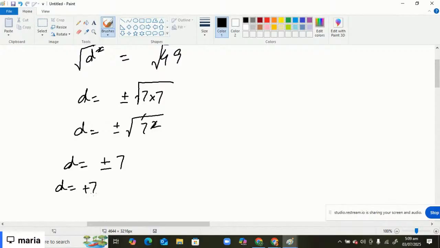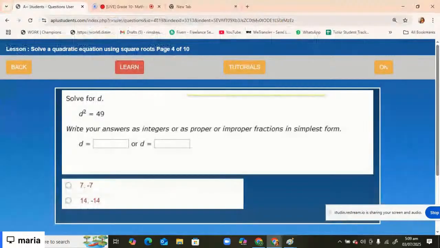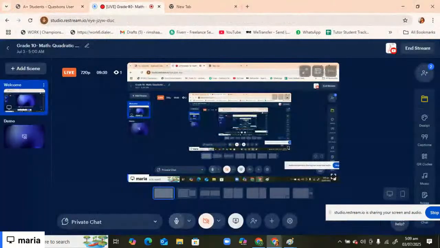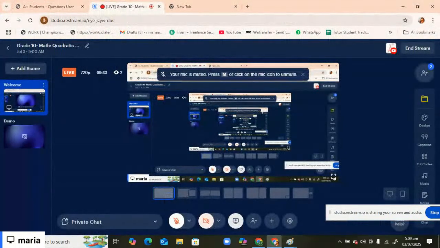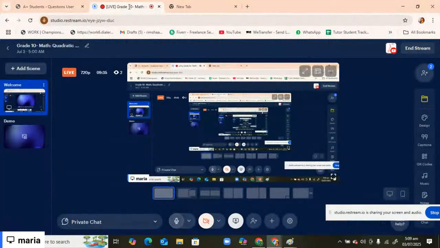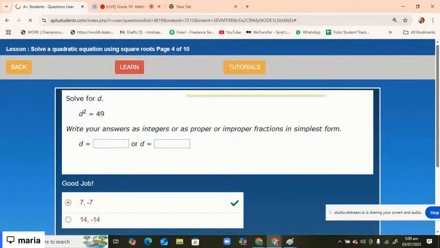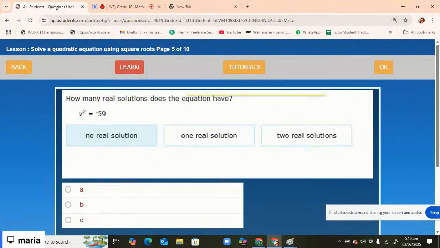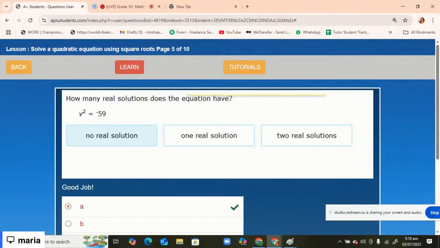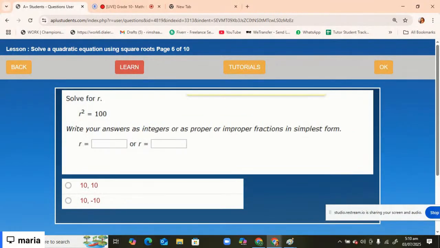So your D is plus 7 and your D is minus 7. Okay, so it's plus 7 and minus 7. Alright, this is a negative value, so no real solution. We already found this one: plus 10 and minus 10.